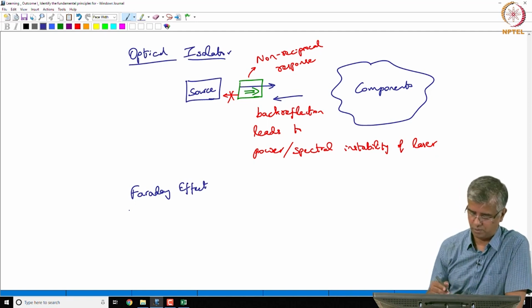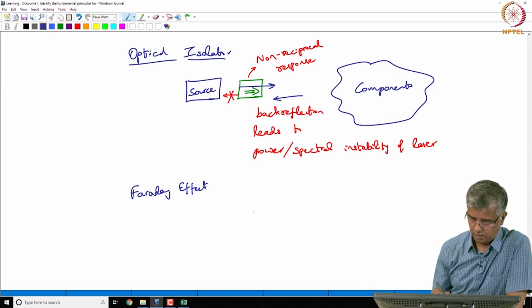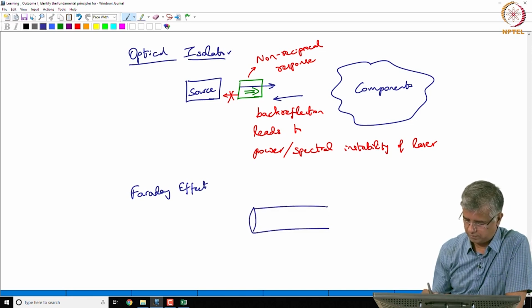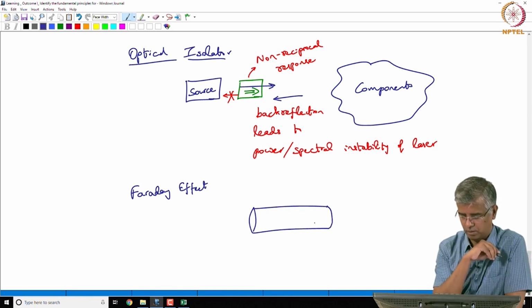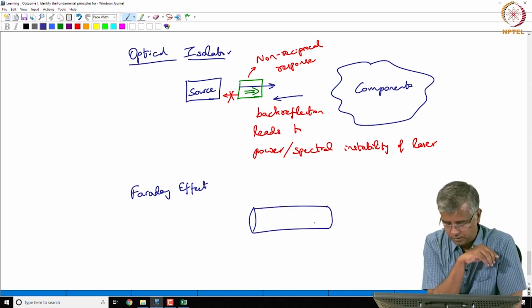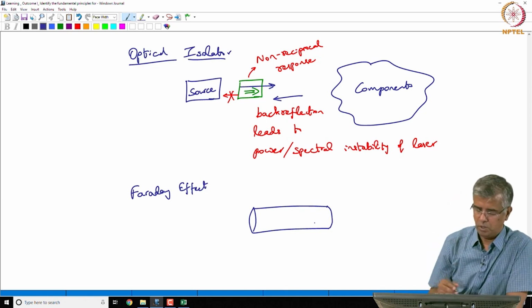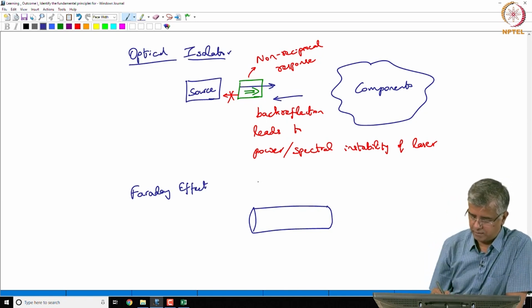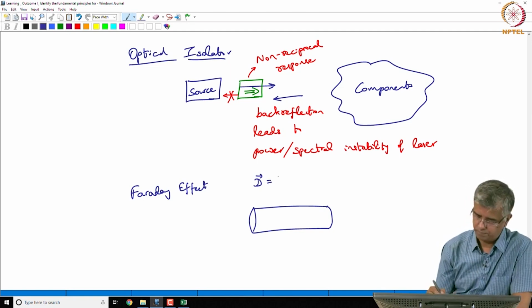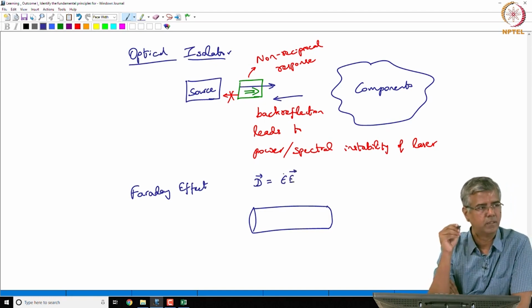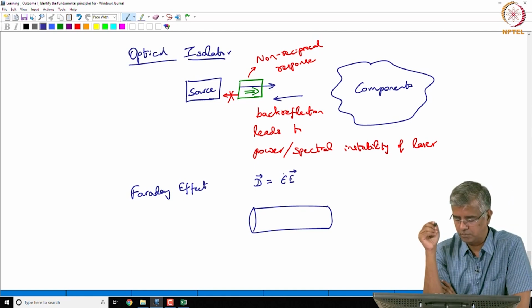This is one of those observations, wherein what he observed is that when you look at the response of certain medium, we try to characterize the response of the medium based on your permittivity. That is what we were looking at in last week's lectures.